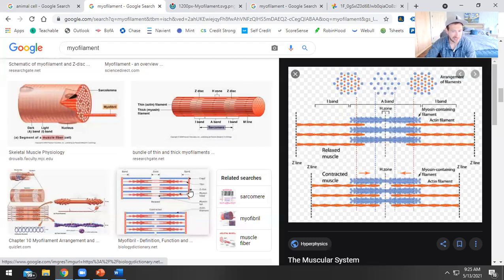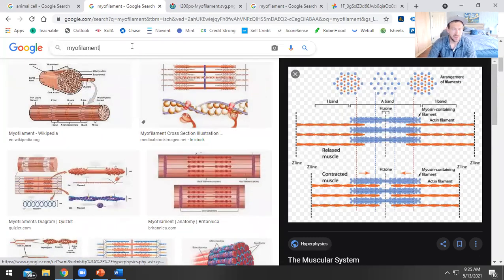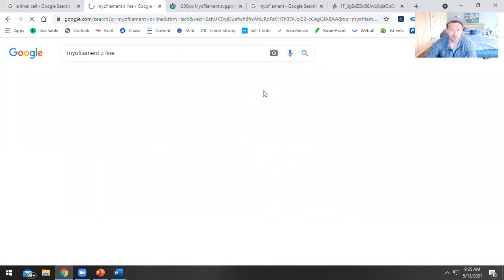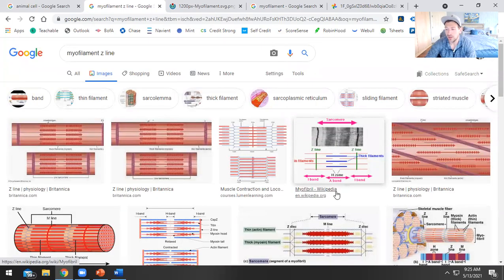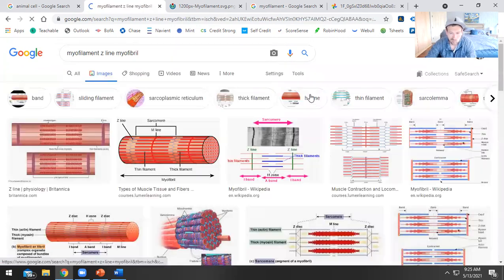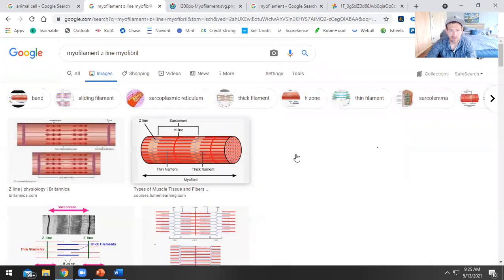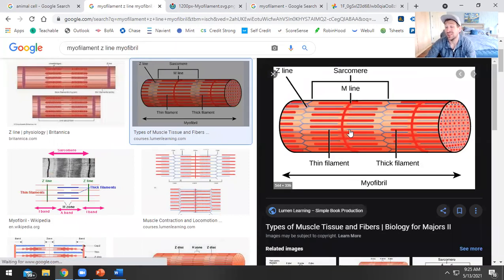Basically, you have a whole bunch of Z lines leading up the entire myofibril. Let's see if I can get a picture of that. This is a very zoomed-in picture, but you can see where actin and myosin are crossing over one another, and the same thing is happening on the other side, and they straddle each other.